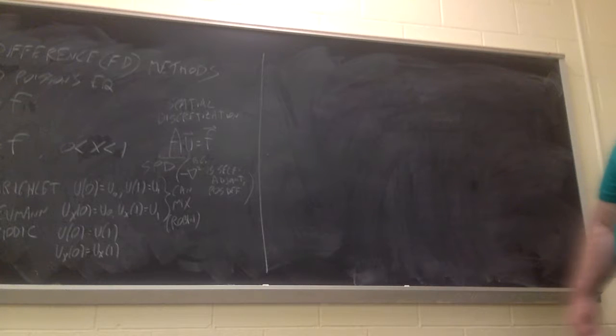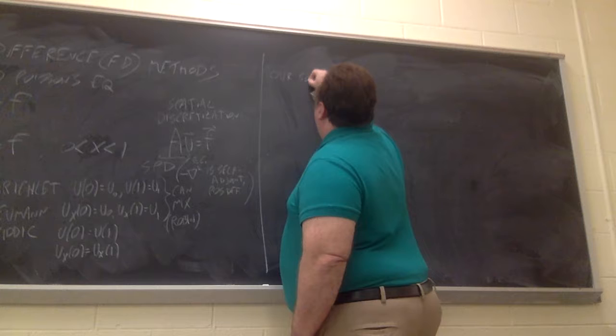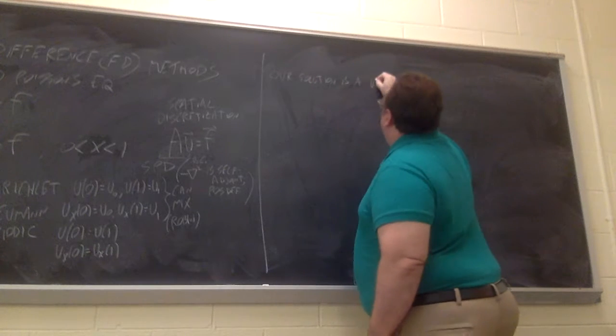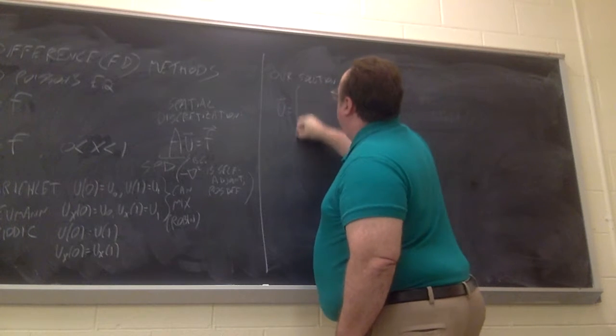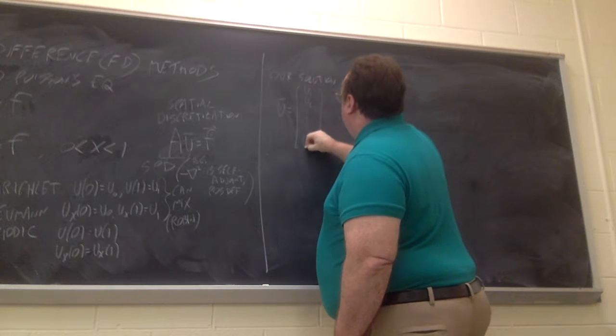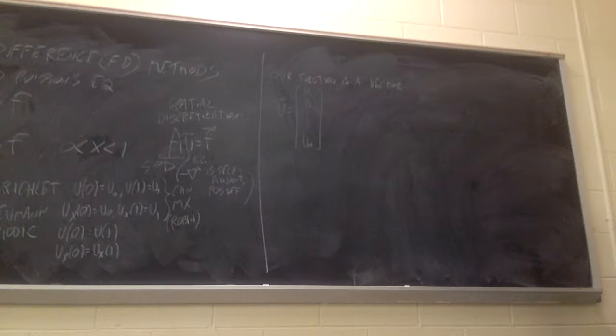And now we're not going to have that anymore. So our solution is a vector u that has n elements.